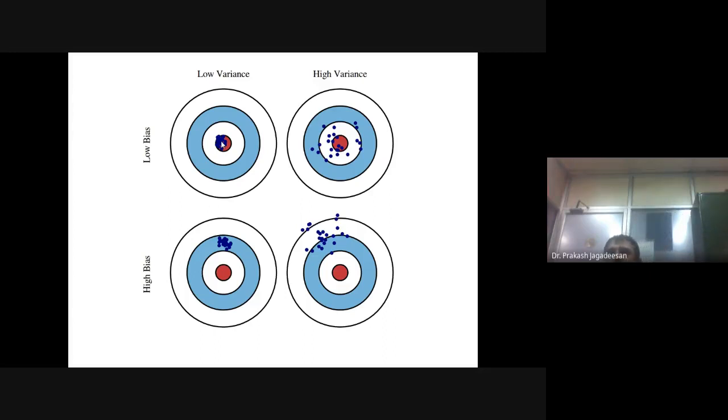Irrespective of the structure of the model, this is a very important concept. One has to take this into consideration and build a model in such a way that it has low bias and low variance.